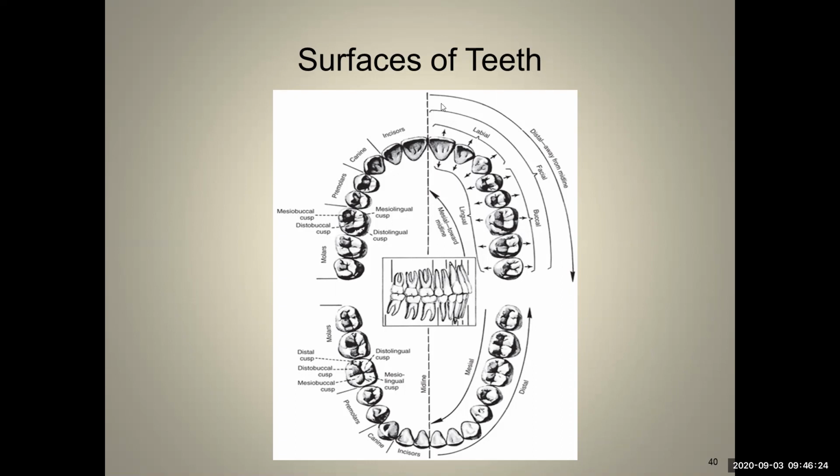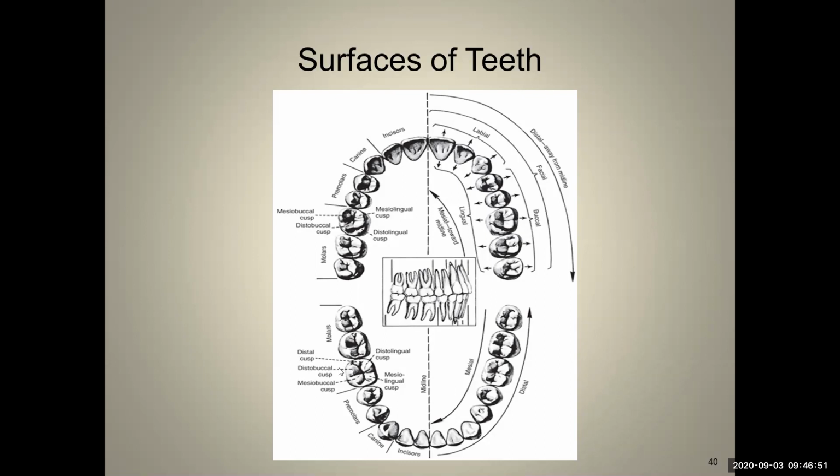So you've got your distal, which is going away from the midline, mesial going towards the midline. You've got your facial, anything going towards the lip and cheek, which is further divided into labial towards the lip and buccal. Then you will have the lingual, anything going towards the inside.